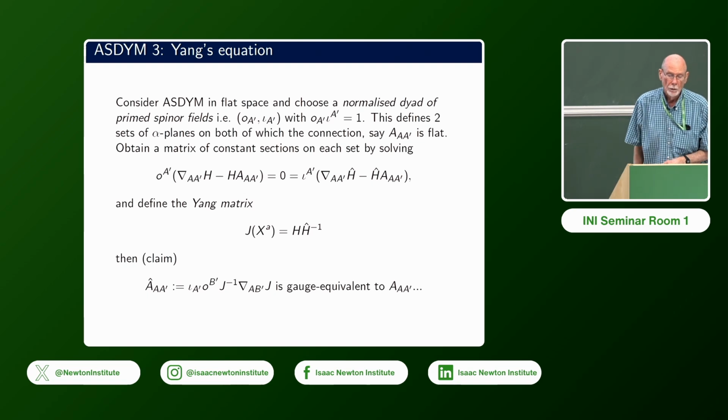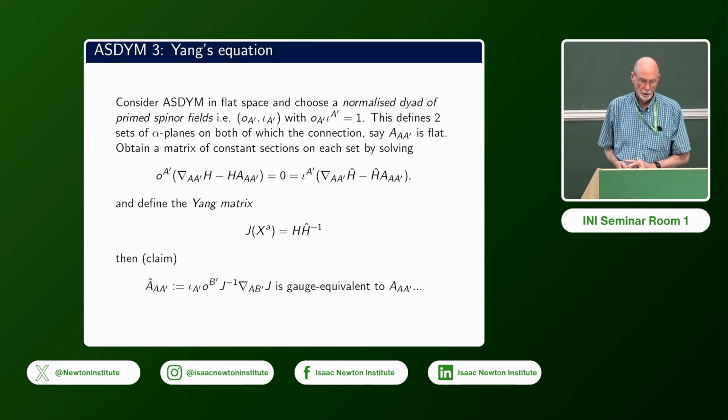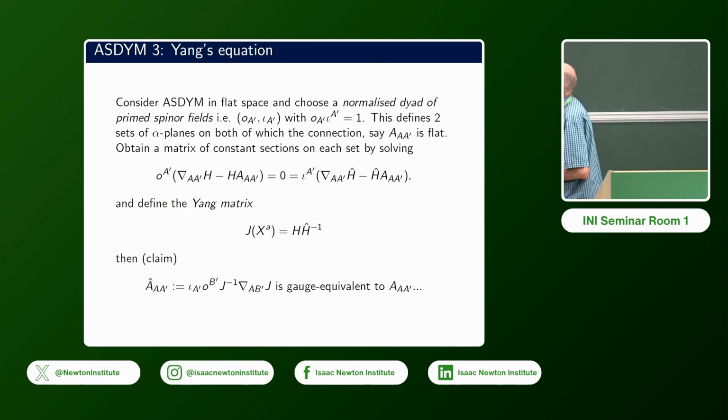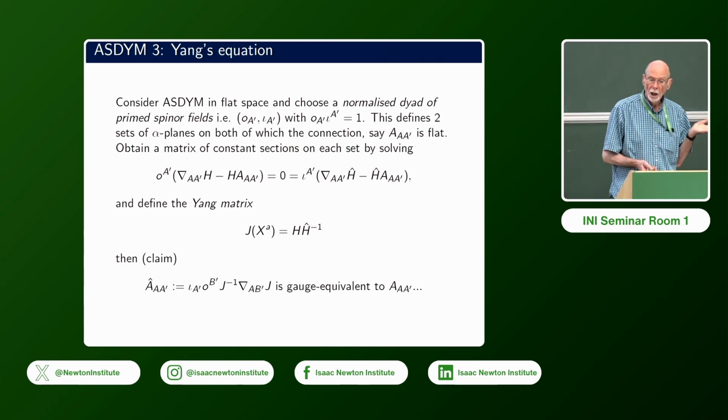Onwards. So the third bit about this is Yang's equation. Now I've got a little bit of spinor notation here, because what I want to do is find a nice way. I've avoided writing down the Yang-Mills equations, but there's a nice way to write it down.